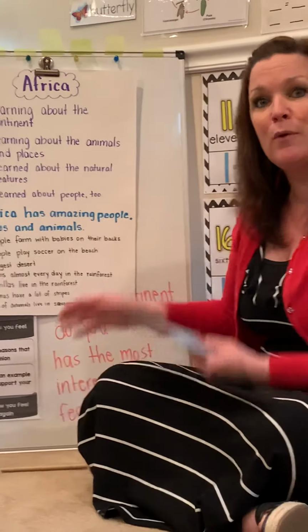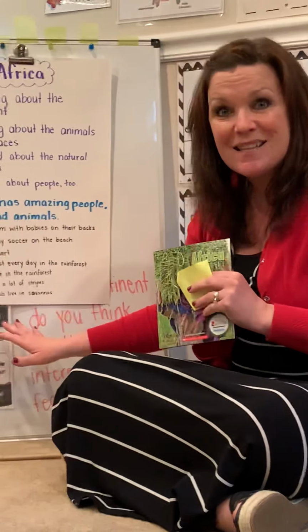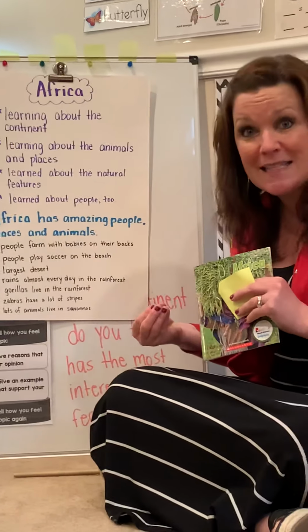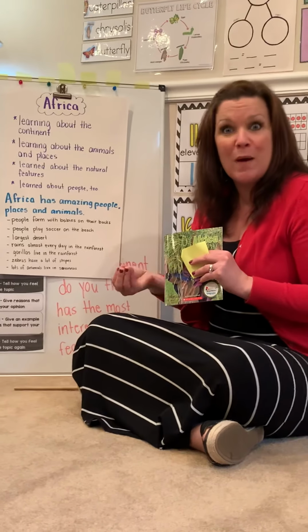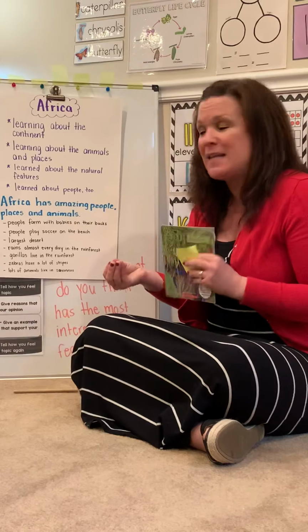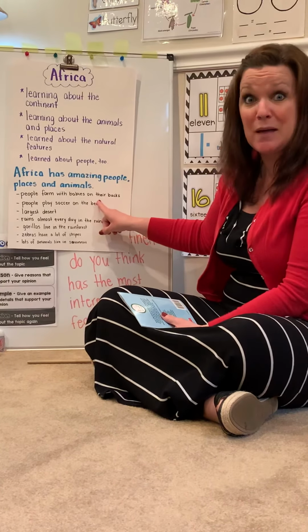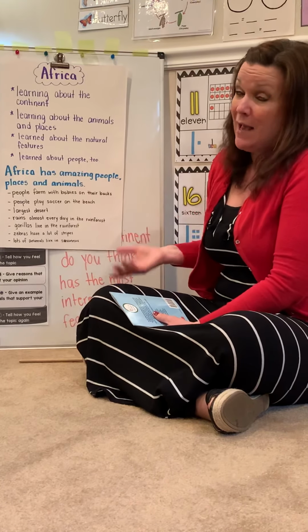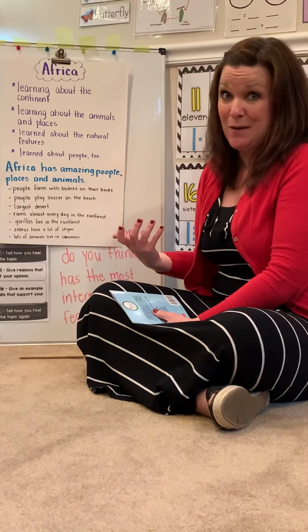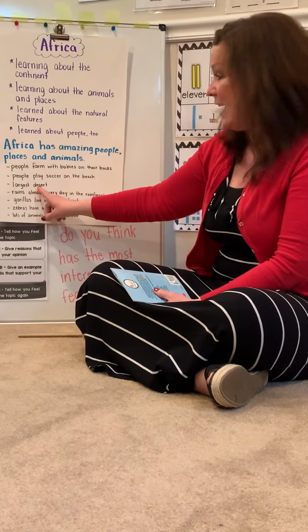And I went through this text before I read it with you today, and I made a list of all of the reasons that she gives to support her point that Africa is amazing. People farm with babies on their backs. That's pretty amazing. People play soccer on the beach. As I said when I read it, I would like to be on the beach right now. That's amazing. It has the largest desert.